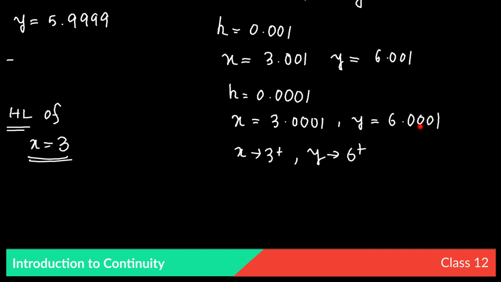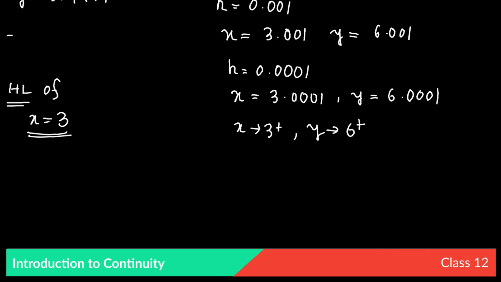So 6.0001 is closer to 6 than 6.001. So we can say that as the sequence of values of x is approaching 3 plus, the sequence of values of y is approaching 6 plus.